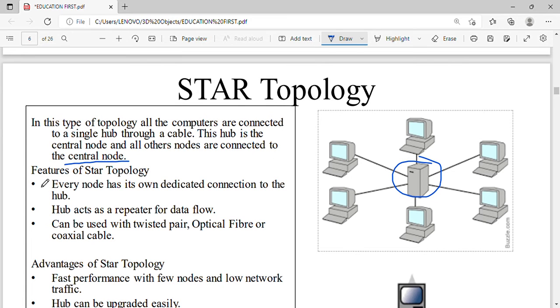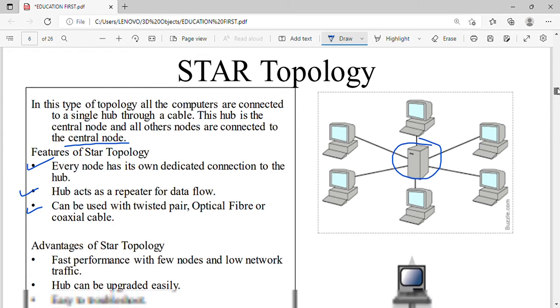Features of star topology: every node has its own dedicated connection to the hub. The hub acts as a repeater for data flow. Twisted pair, optical fiber and coaxial cable can be used.